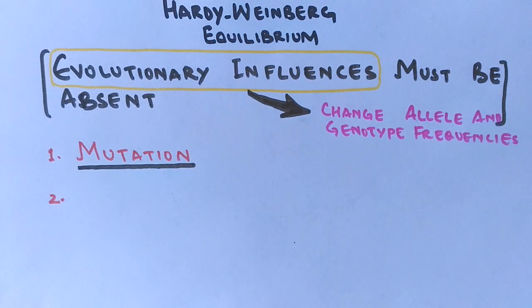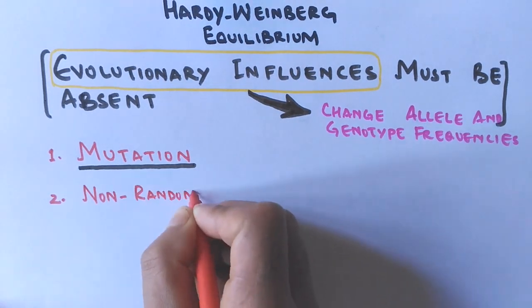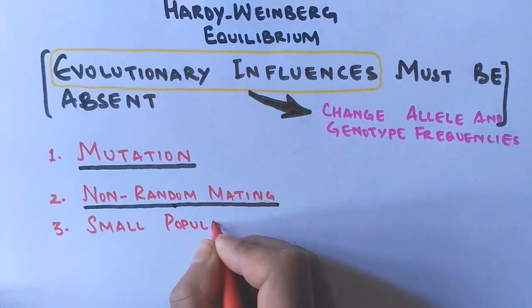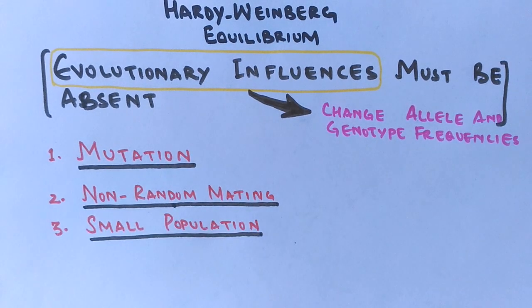Second influence that must be absent is non-random mating, which implies that there should not be any sexual selection within the population. Third important condition that was put forward by Hardy and Weinberg was that there should not be a small population. Rather, to achieve equilibrium, the population should be large.